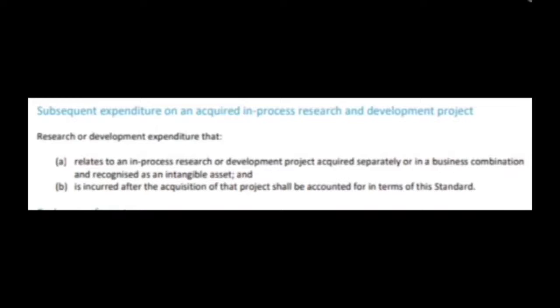And after purchasing that project, if you incur any expenditure in the research or development phase to extend that asset or to maintain it to work efficiently, whatever expenditures are incurred to maintain the intangible asset shall be part of the cost of the intangible asset.